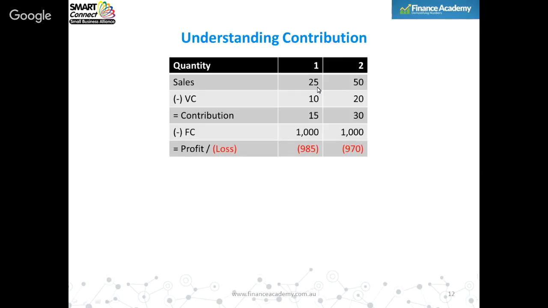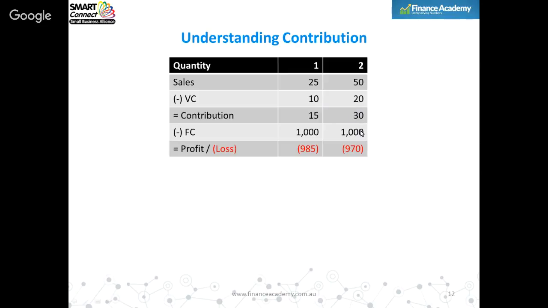The sales has now doubled. So it is $25 into 2, which is $50. Variable cost has varied along with the sales, as because the sales has doubled, the variable cost has also doubled. Contribution is sales minus variable cost, which is $30 in this case.